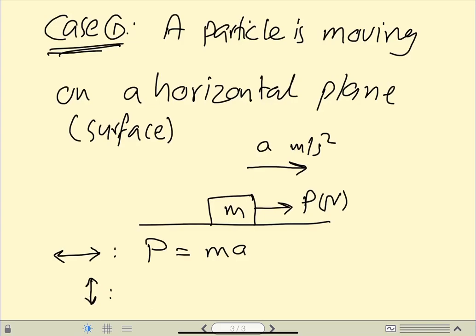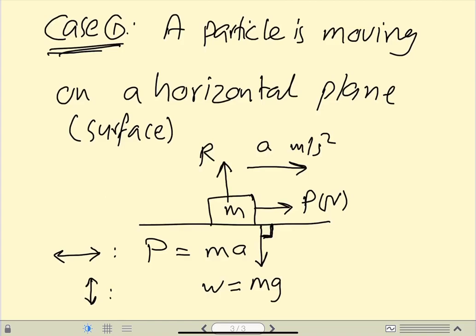So, in this direction, we have always two forces acting on the particle. R for reaction force and the weight, which is mg due to gravity. Focus well here, it's easy, but we have to understand this well to not get confused in the next parts. The weight, which is mg, is always perpendicular to the surface, to the horizontal.